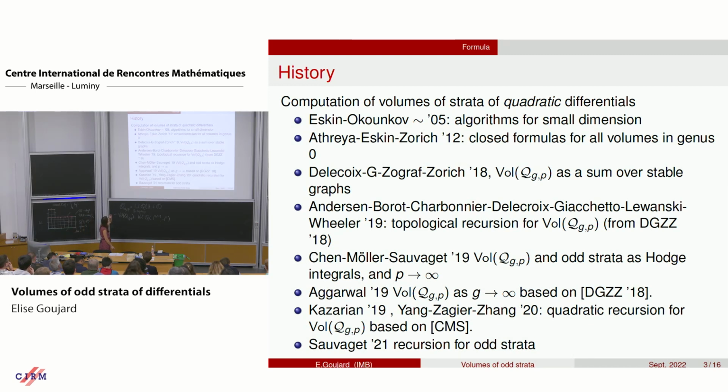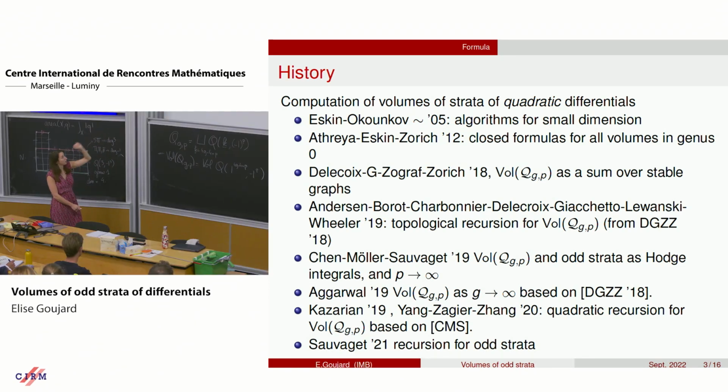All this work was kind of in parallel, I mean, it was the same year, basically. So the next step is the topological recursion for these volumes of principal strata, built from the formula as a sum over stable graphs.